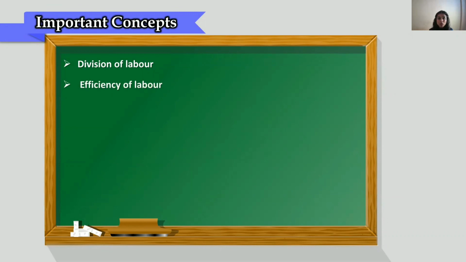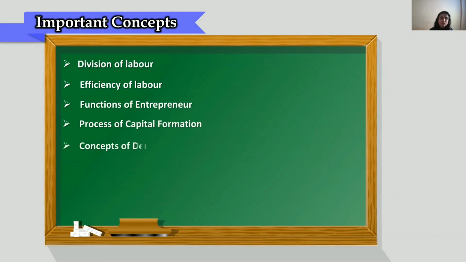So the important concepts from the board point of view are division of labor, efficiency of labor, functions of an entrepreneur, the process of capital formation, and the concepts of demand and supply. It includes everything from increase in demand, decrease in demand, extension in demand, contraction in demand, increase in supply, decrease in supply, extension and contraction in supply, along with the laws and the determinants of demand and supply. Functions of the central bank, very, very important.